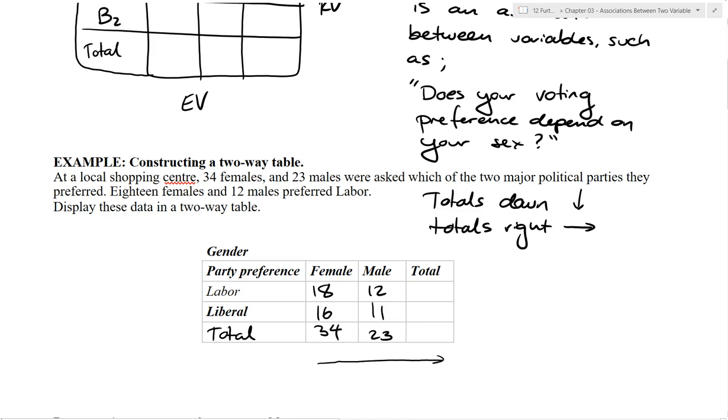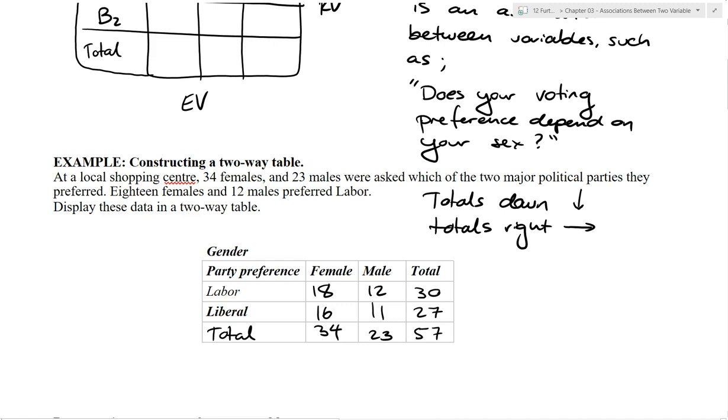So if we've got a total of 34 females and 23 males, that means we have to have a total of 57 participants. And we're going to total right for Labour and Liberal as well. So 18 and 12 is going to give us 30. And 16 and 11 is going to give us 27. These numbers should all agree. 30, 27, 57. 34, 23, 57. There's your two-way table.